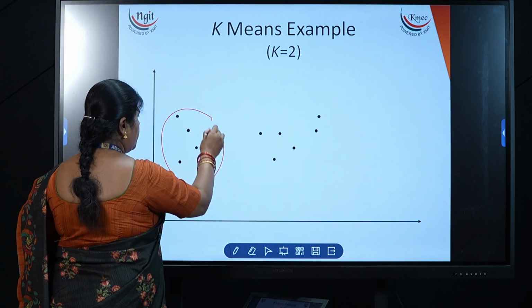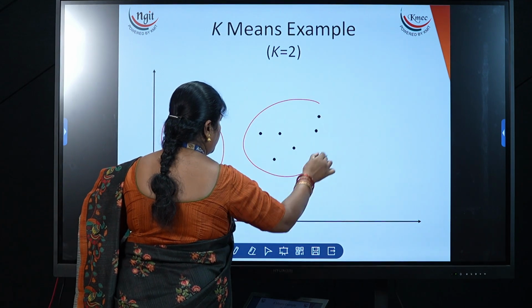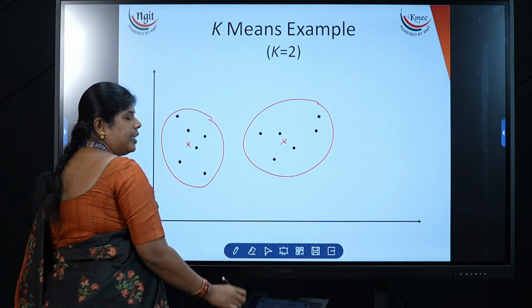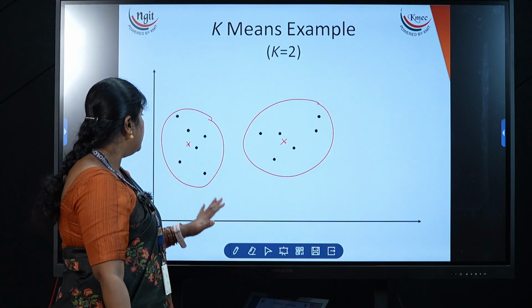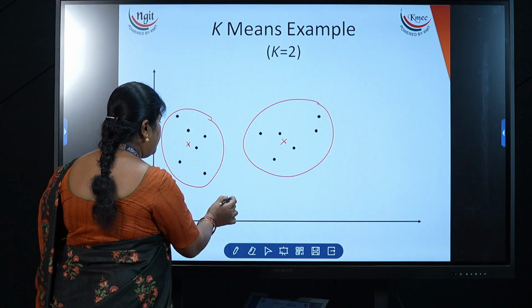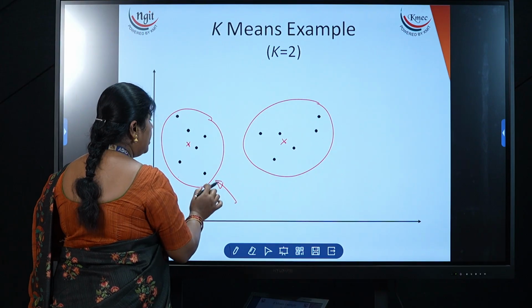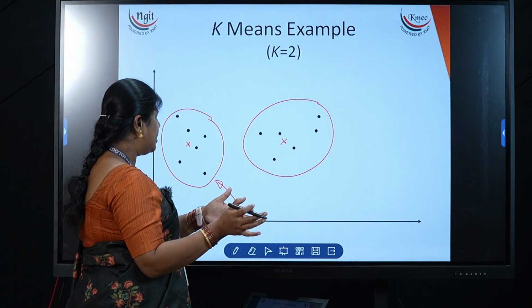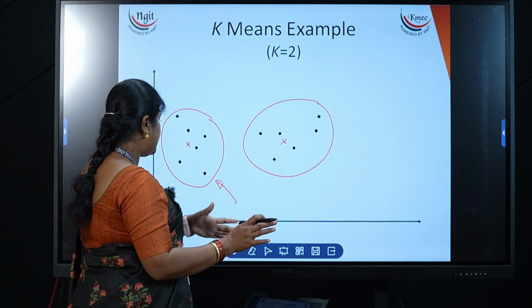This is my one group of documents and this is my other group of documents. Initially I will have a randomly selected seed here. I am not saying that this is my final centroid. When a new document arrives, I find its similarity with the centroid, using the cosine parameter or the Euclidean distance.